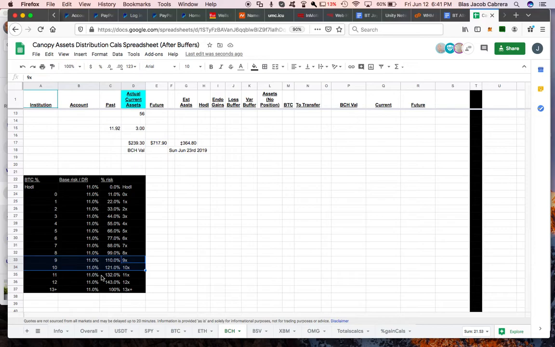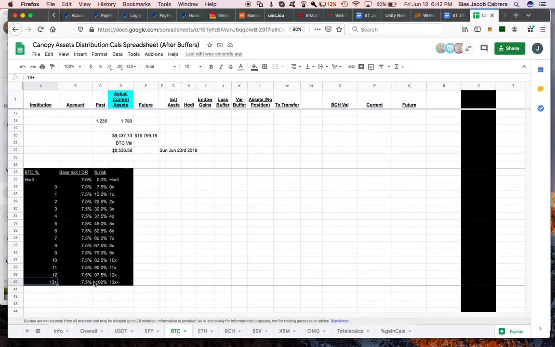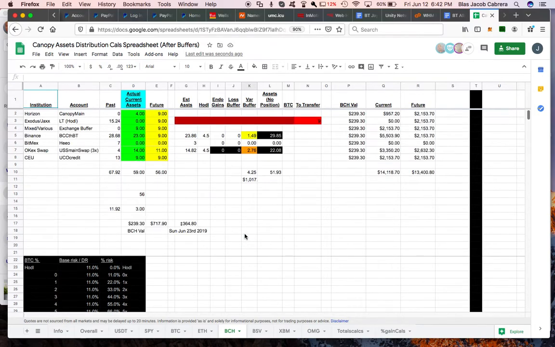If we leverage up to that amount, it's such high risk that, as far as we're concerned, there is no money left unless we sell and get it out of that risk. Does that make sense? Yeah. So for Bitcoin, you can go up to 13, right? Because it's a little less risky than BCH. All right. Anyway, we don't need to worry about that.